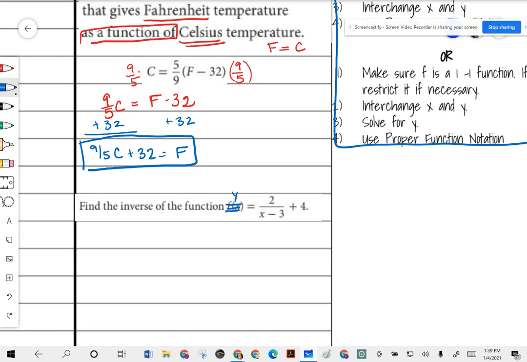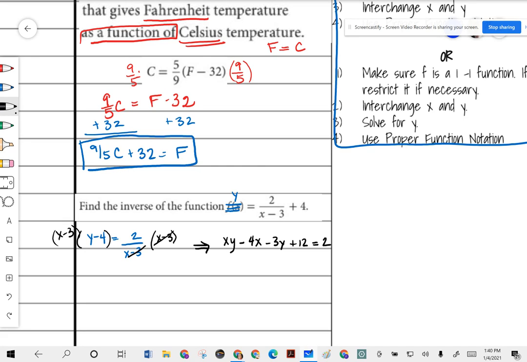The first thing I'm going to do is subtract 4. So I get y minus 4 is equal to 2 over x minus 3. I'm going to multiply both sides by x minus 3. That means I am going to distribute on the left. So I get xy minus 4x minus 3y plus 12 is equal to 2, as the other sides cancel.